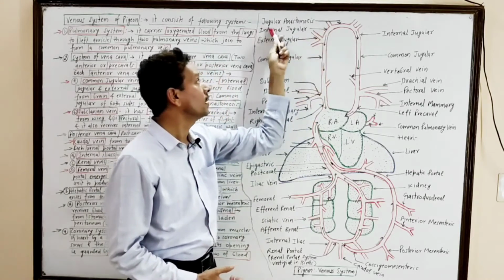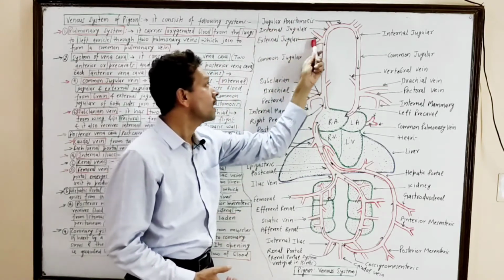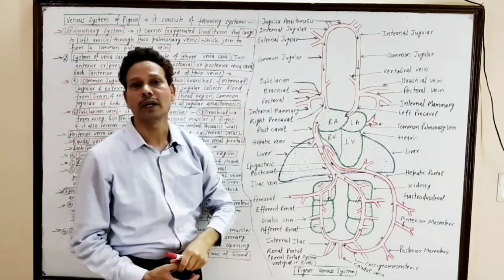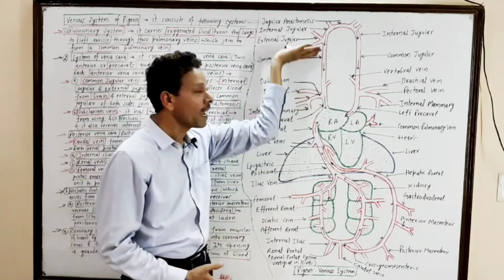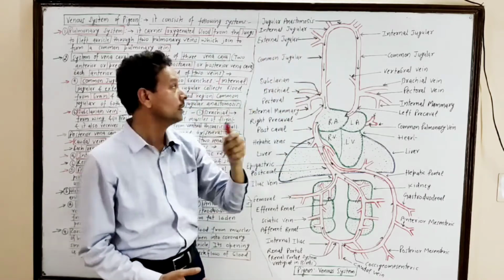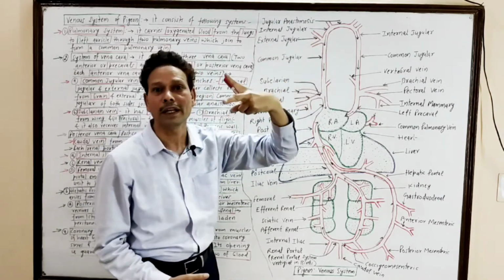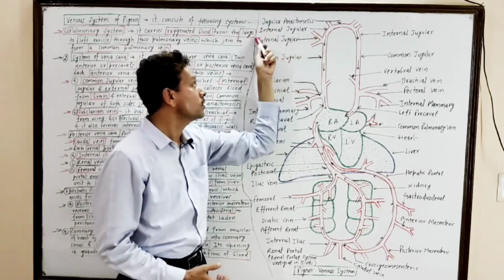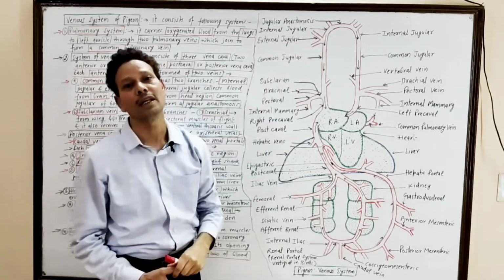This one is internal jugular, and this blood vessel is external jugular. It means in this anterior region, in the head region, the common jugular gives two branches: one is internal jugular, and one is external jugular vein.